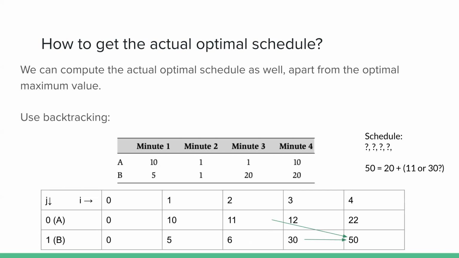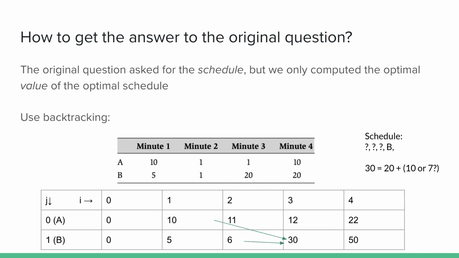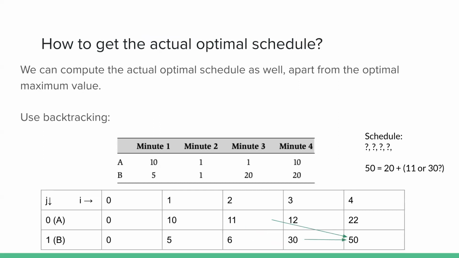So since there's only 2 choices, you can look at each of them. Which one of them will give you the maximum value? You know that opt of B4 is 20, so the previous one, in order to get a maximum value, you have to have 30 in your opt, and that can only come from opt B of 3.